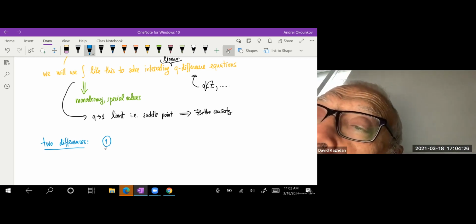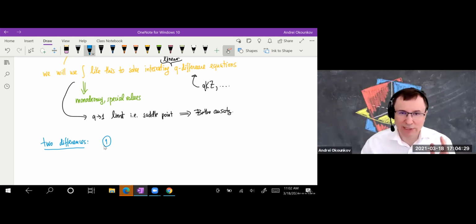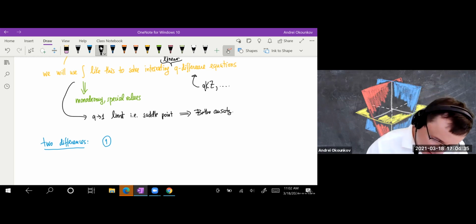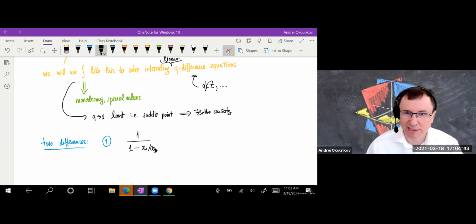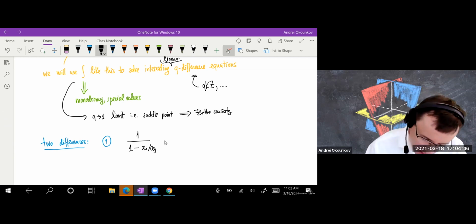And so it must be the case that under the integral sign, you have to stick solutions of some simplest Q-difference equation. And so it means under the integral sign, you'd like to stick things like 1 minus xi over aj. Well, this is not solving any interesting Q-difference equation. It would be better replaced by the Q gamma function.